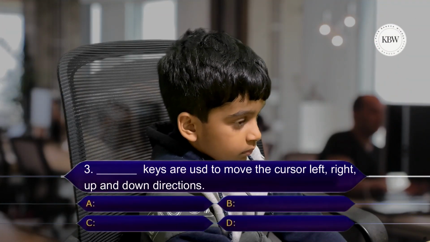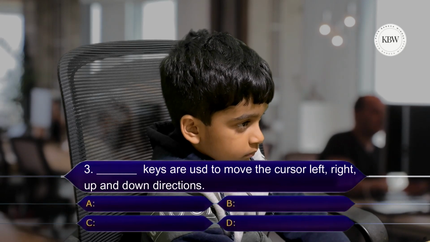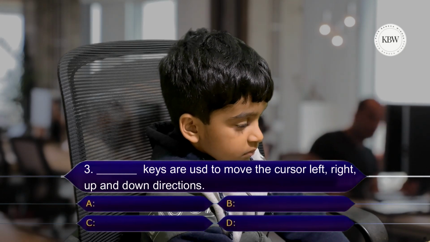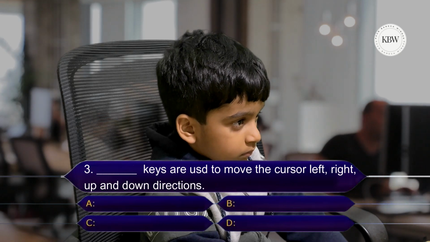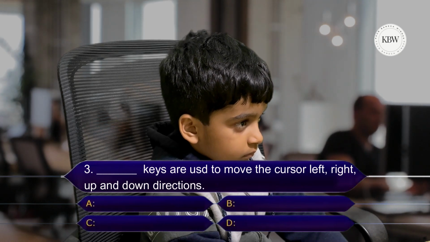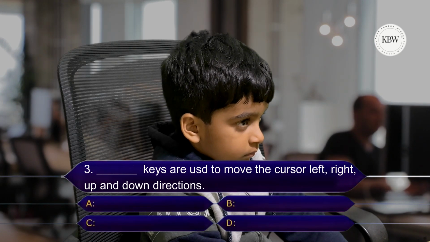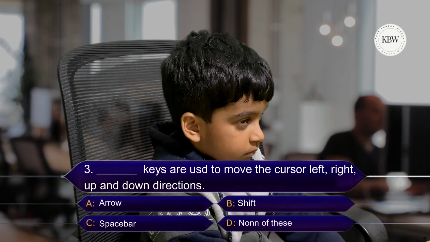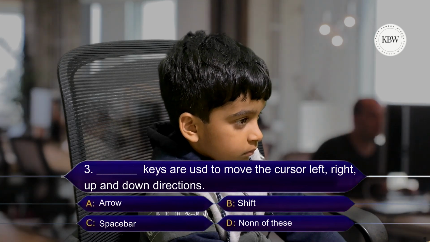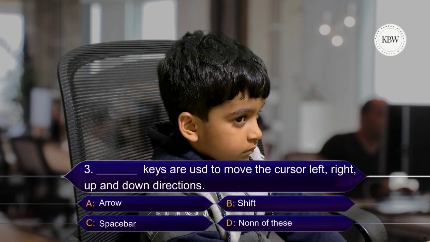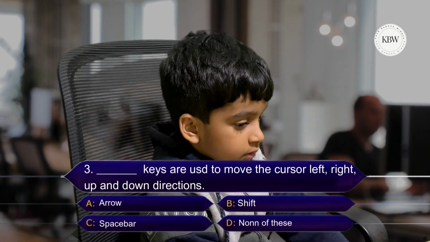Third question. Fill in the blanks. Keys are used to move the cursor left, right, up and down. Vihaan, which keys are used to move the cursor left, right, up and down? Options are A arrows, option B shift, option C spacebar, option D none of these. Please repeat it again.